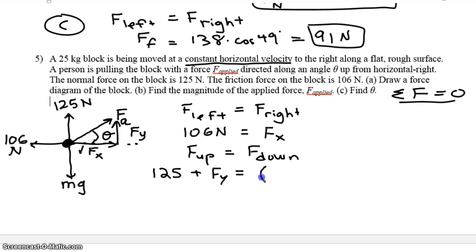The mass is 25. G is 9.8. If we subtract 125 from both sides, what do we get? 9.8 times 25 minus 125. This is 120 newtons. Did I do that right? Yes, I did. 120 newtons.